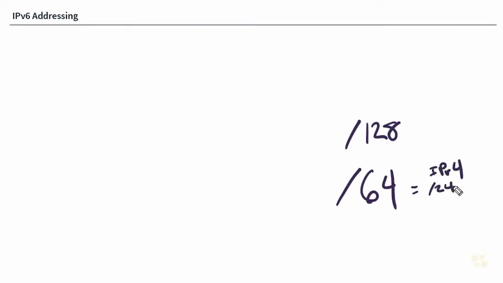It's just very common to deploy that and use that as your subnet design. This is plenty of address space for all of the hosts in your network, but it also allows for 64 bits to be used for host addressing, and that's going to be a big deal when we start talking about autoconfiguration and things like EUI-64 or SLAAC.